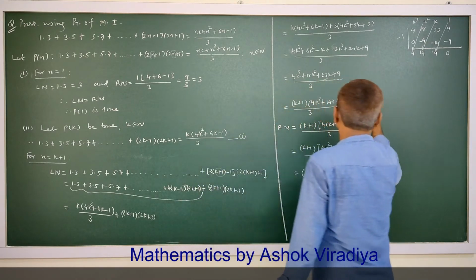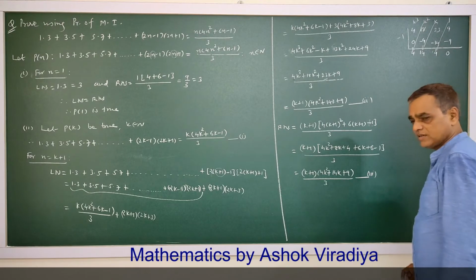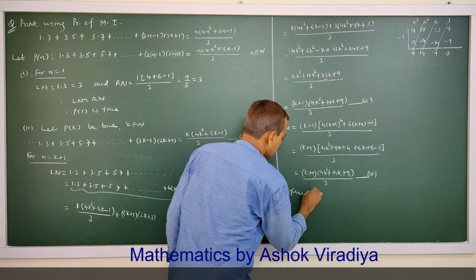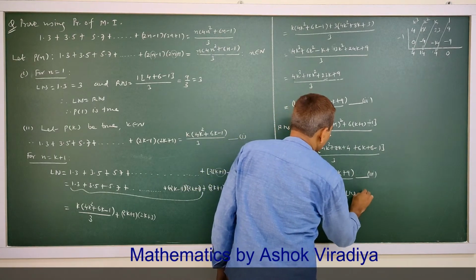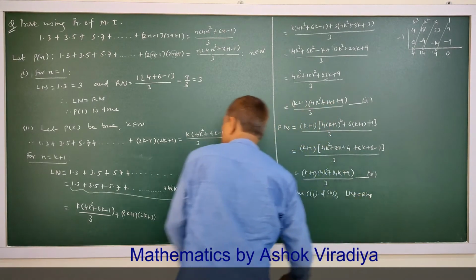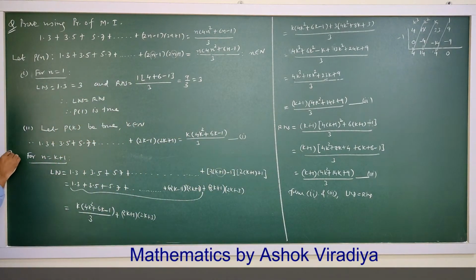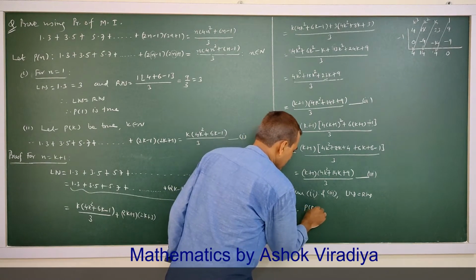And you can see that from results 2 and 3, it is clear that LHS equal to RHS for n equal to k plus 1. So this was the proof for n equal to k plus 1. So P of k plus 1 is true.